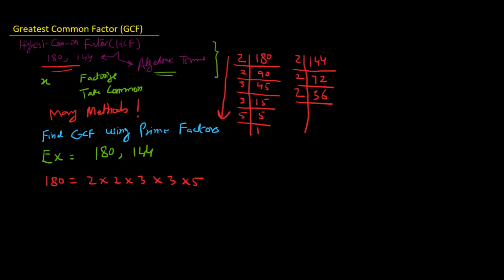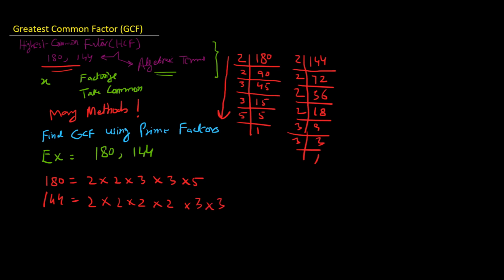So 2, 18, 2, 9, 3, 3 and 3, 1. So we write down these factors here. 2 four times, then 3 two times. This is 144.